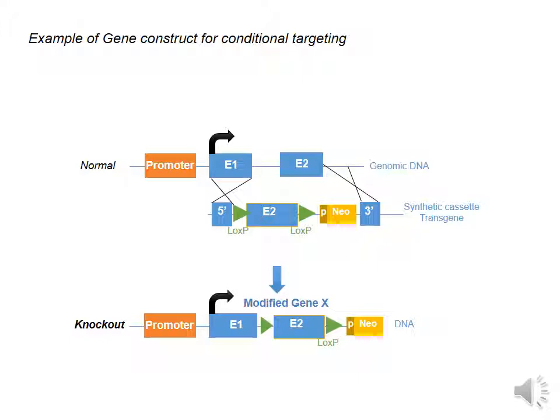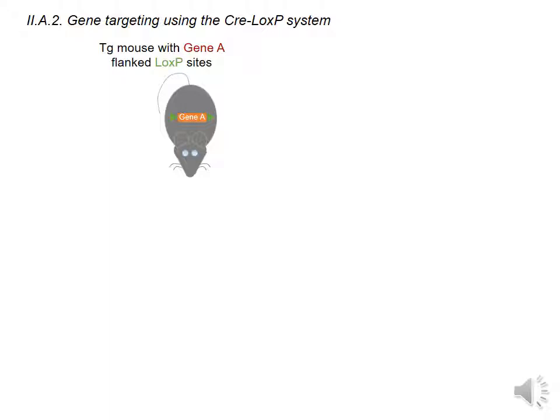Under normal conditions, this gene X will be transcribed normally, but when combined with a specific Cre system, the Cre system will excise this exon 2. In this case, this is a gene targeting using the Cre LoxP system.